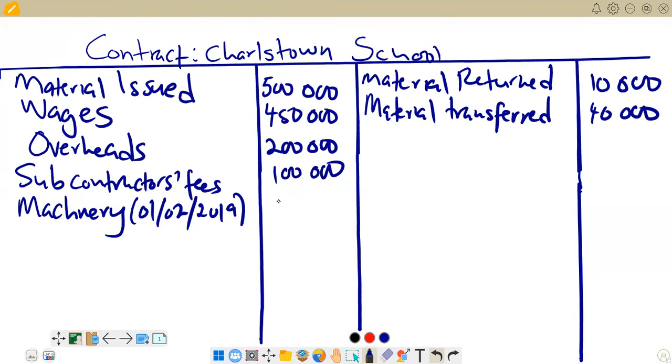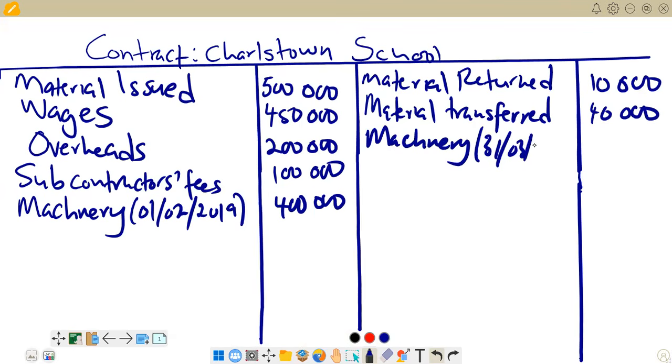That is the value of that machinery at the beginning of the period. Then you get 400,000 here. Then the machinery value at the end, now you put it on the credit side, which is machinery, and it's at 31/03/2020. And then the figure that we are given there is 355,000.